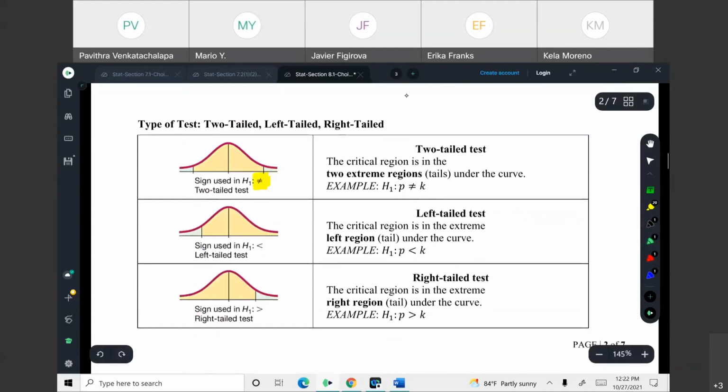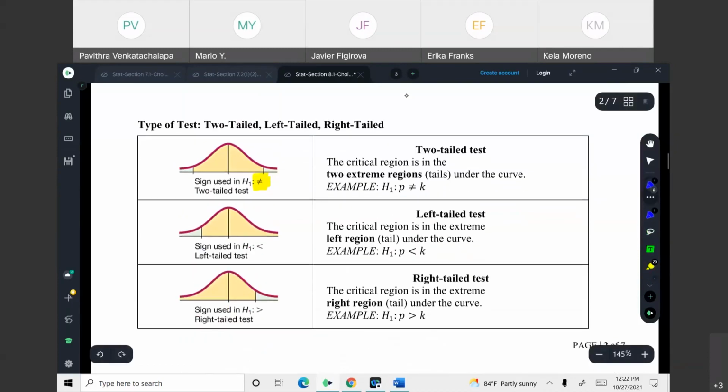So why is that? Now, for H1 not equal to, your normal distribution looks something like this. So it will have two tails. That means it will have two areas under the tail.